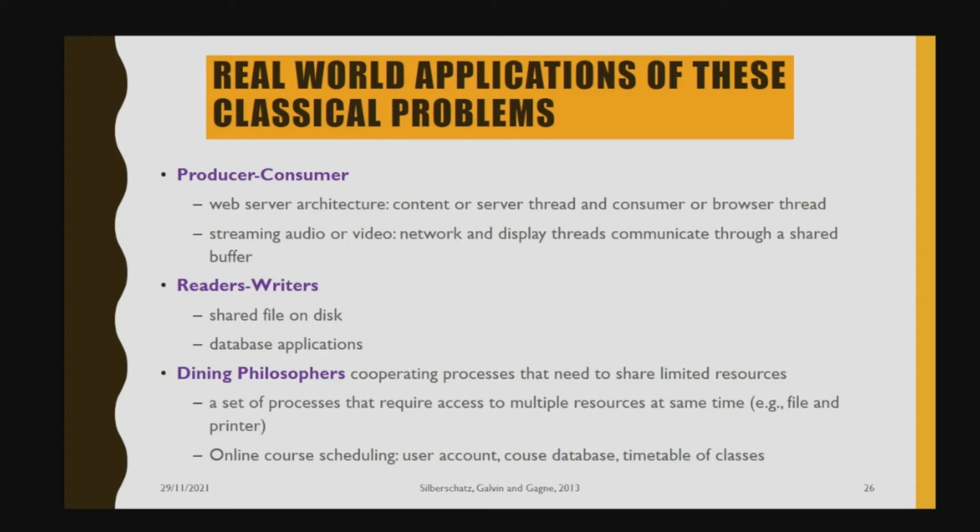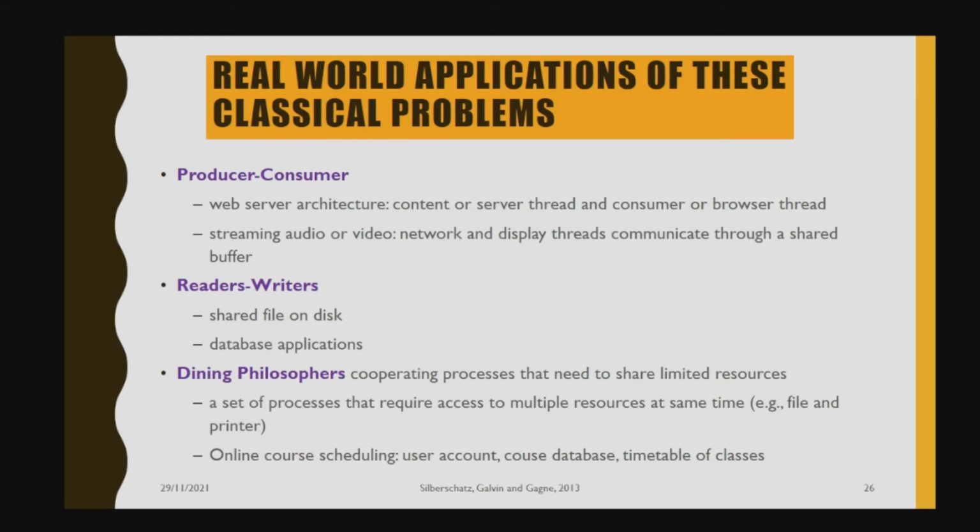So it is a set of processes that require access to multiple resources at the same time. We can refer to our printer, when you want to print multiple documents using only one printer.